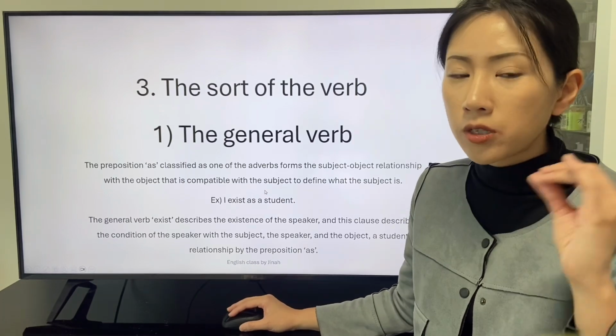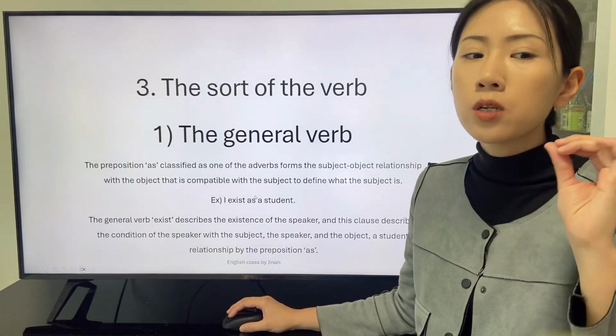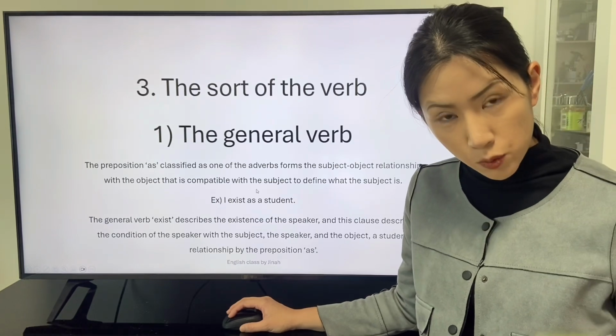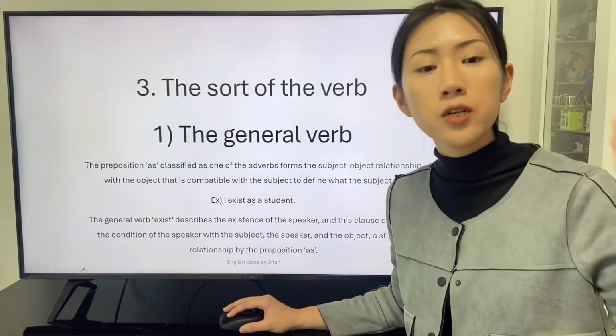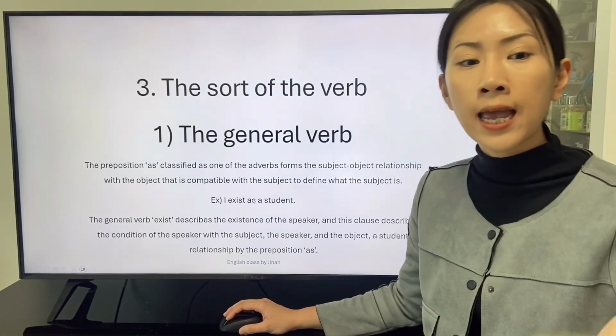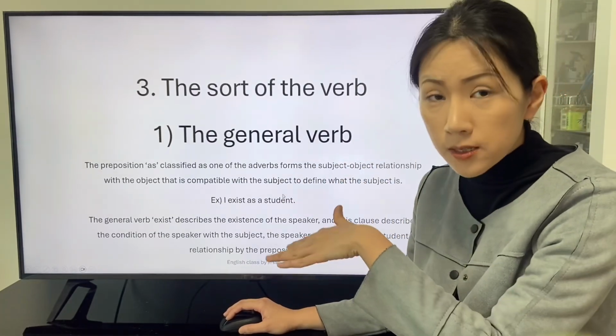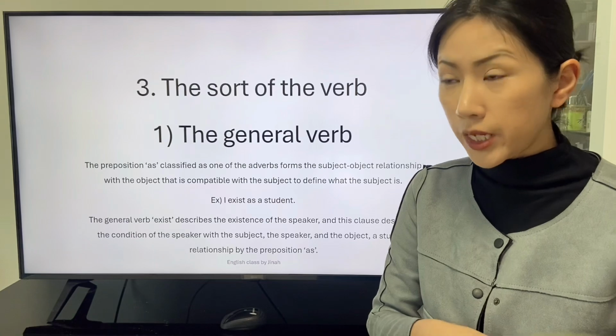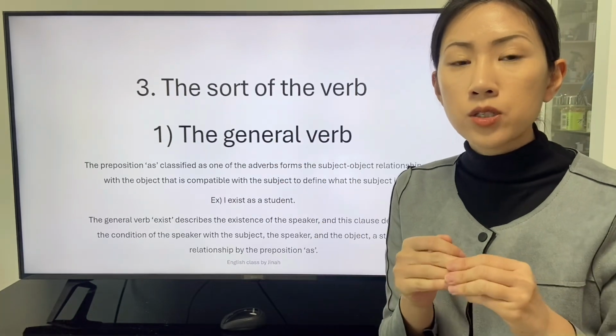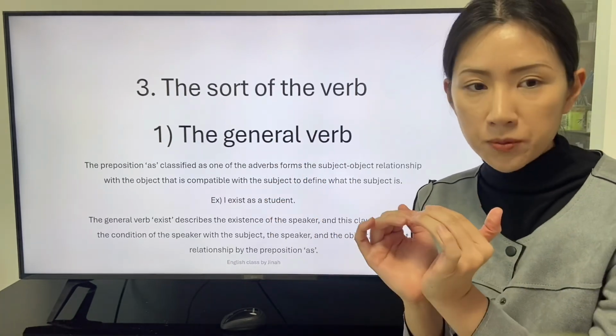I exist, the description of the preposition to describe the relationship between the speaker as a subject and an object indicated by a phrase of noun, a student, is equivalent to define an object.